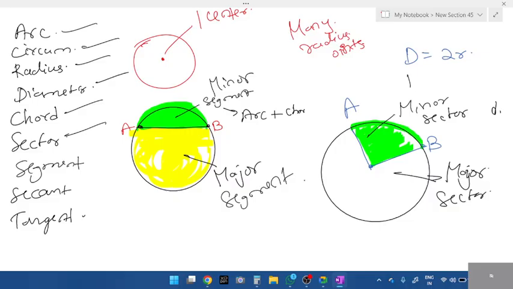Any doubts in segment and sector? That's it. Segment is done.